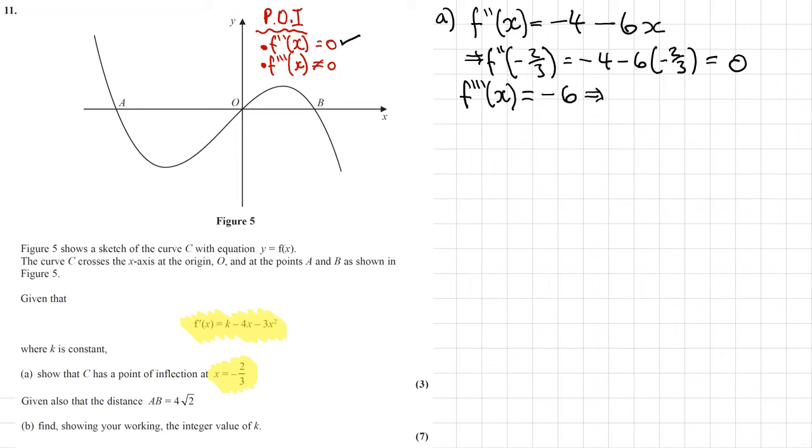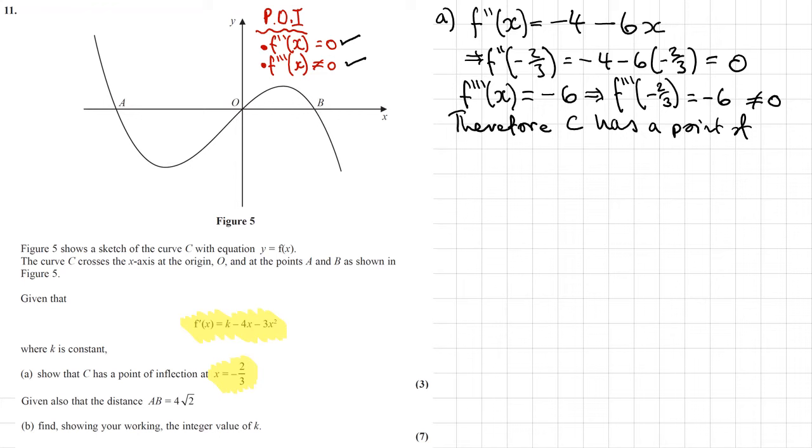So the third derivative at -2/3 is minus 6, which is not equal to 0. So it satisfies the second condition. And then we can say, therefore, C has a point of inflection at x equals negative 2/3.